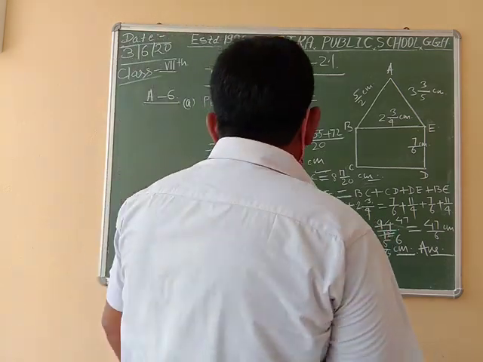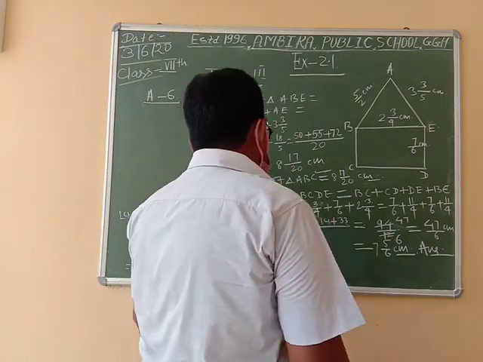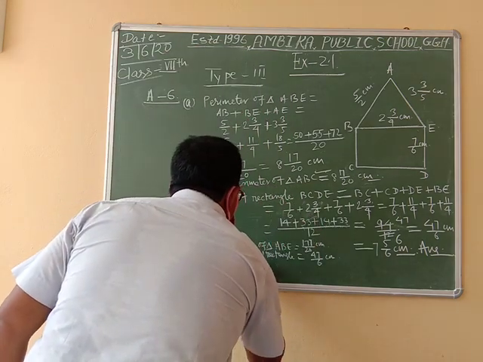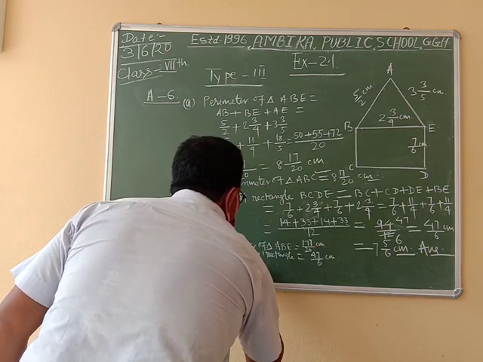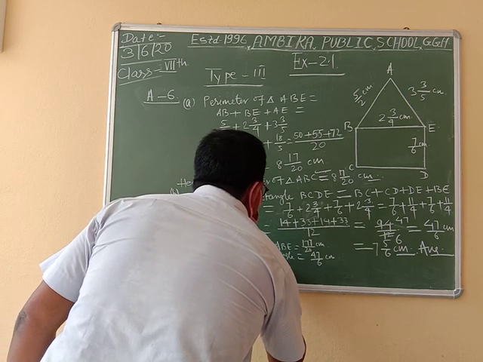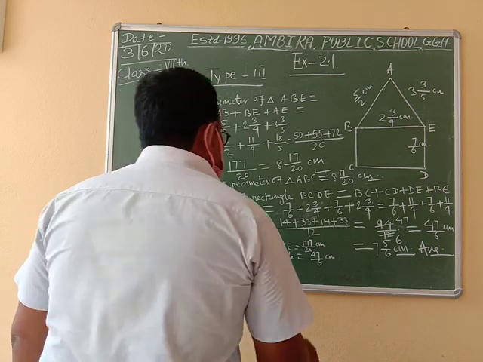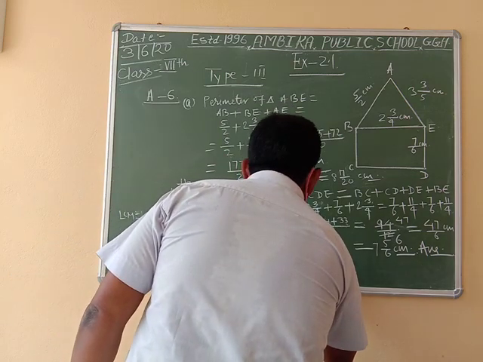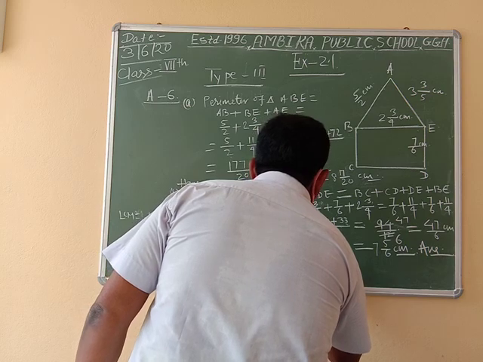To find whose perimeter is greater, we compare 177 by 20 and 47 by 6. We multiply 177 into 6.